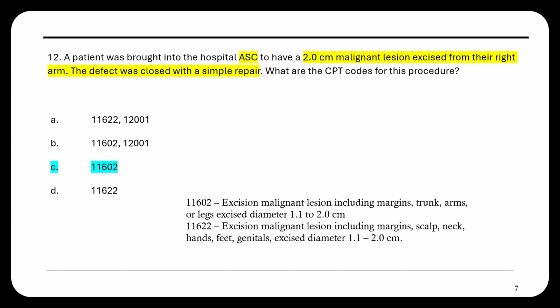If it's not a simple repair, if it's intermediate or maybe very complex, then you can add the 12,000 code. So up above the 11602 and that 12001 is a simple repair. But as I was mentioning, since the guidelines tell us that a simple repair has to be included within the code, you don't code additionally. All right, let's look at the next one.